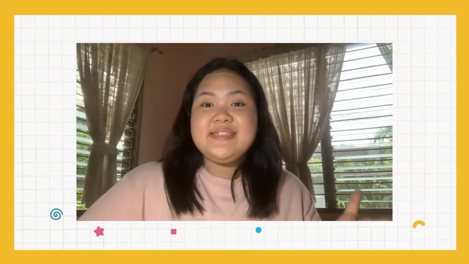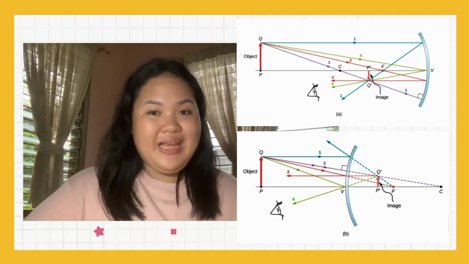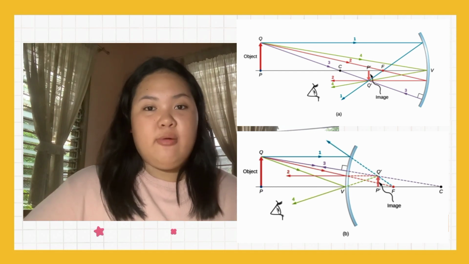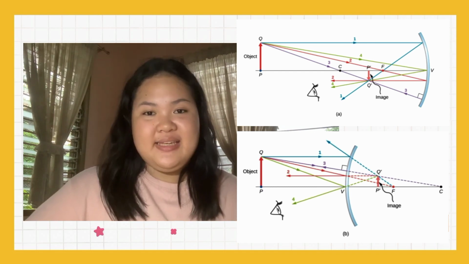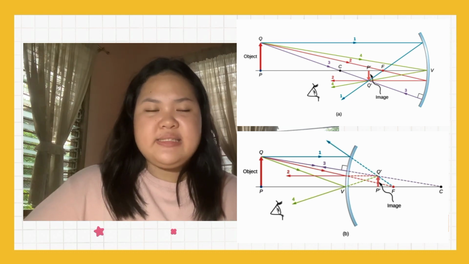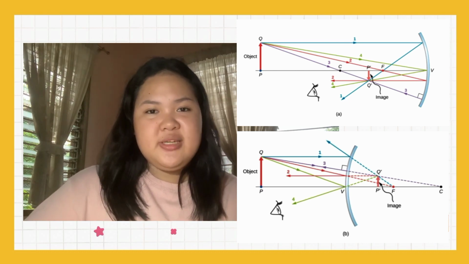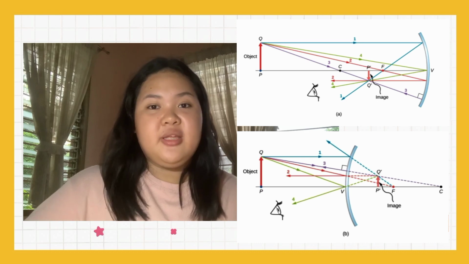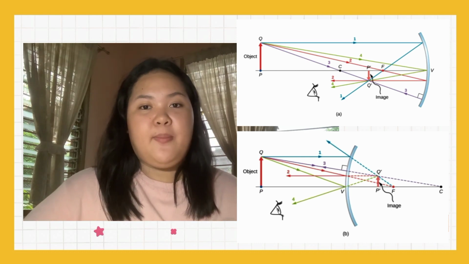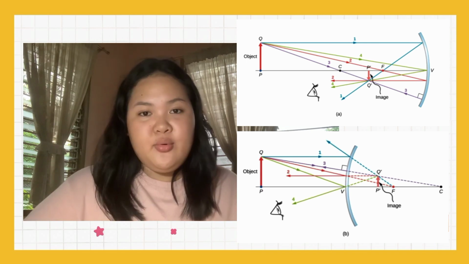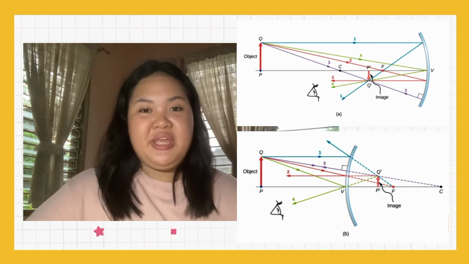We have an example here that was stated in the module provided by Ma'am Helen. It starts by drawing rays from a point on the object that is mapped on the optical axis. Here, it chooses to draw a ray from the tip of the object. Principal ray 1 travels from a point called Q and moves parallel to the optical axis.